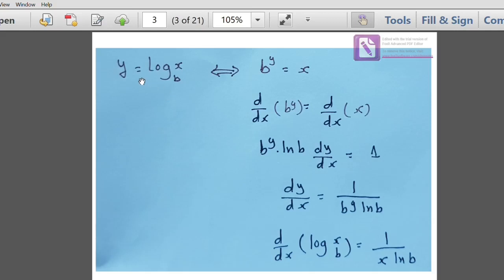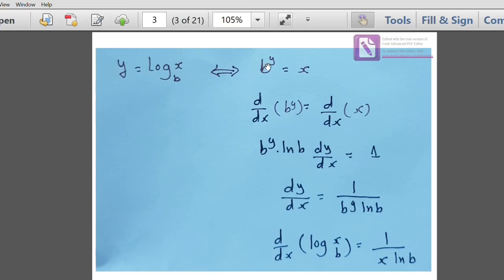In the same way, we will derive the derivative of y equals log x to the base b. We need to rewrite it as an exponential function, so b^y equals x. This is another way of writing y equals log x to the base b.